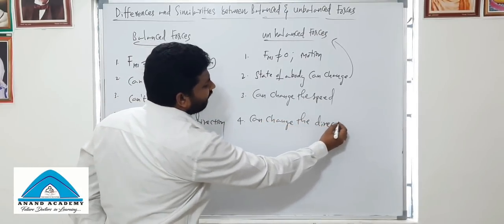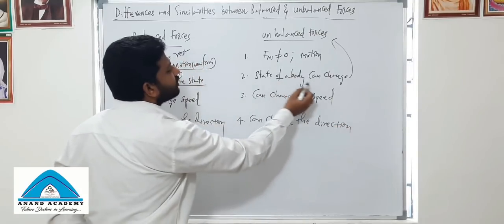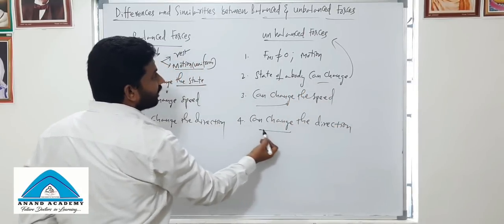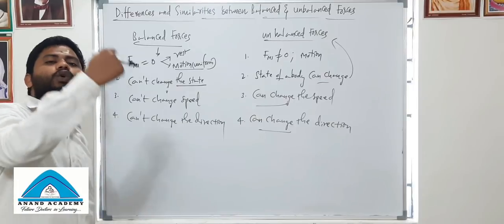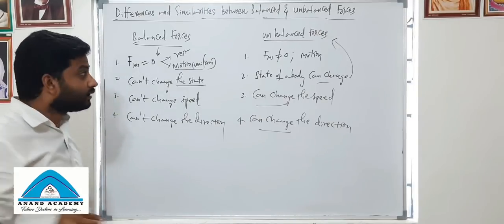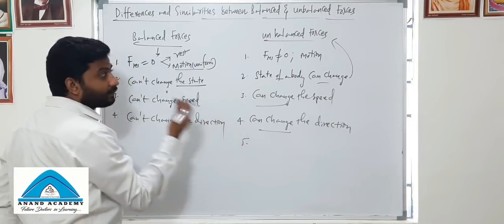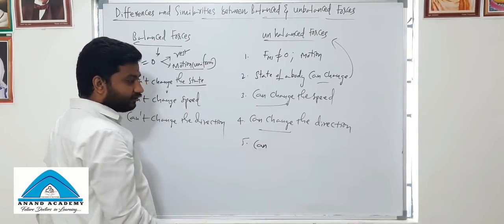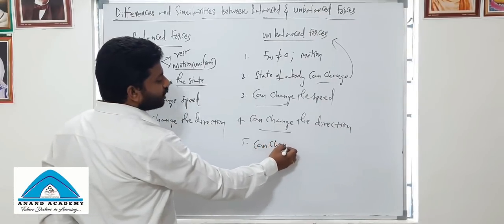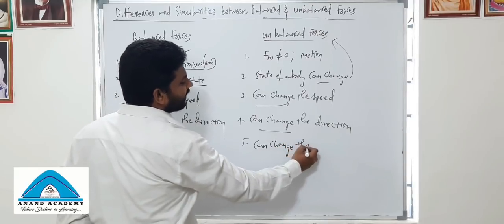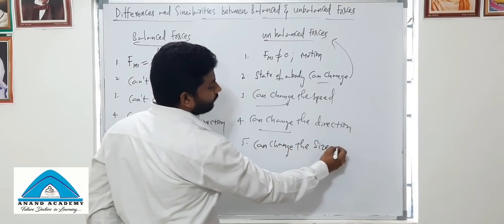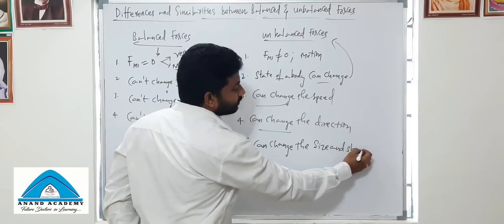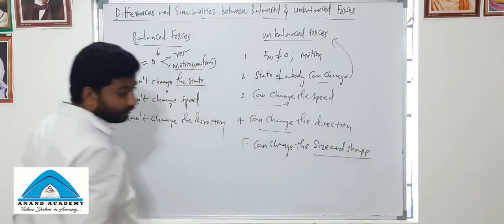You can carefully see, everything can change. Unbalanced forces can do everything. And the last important point I'm writing in unbalanced forces: unbalanced forces can change the shape and size of the body.